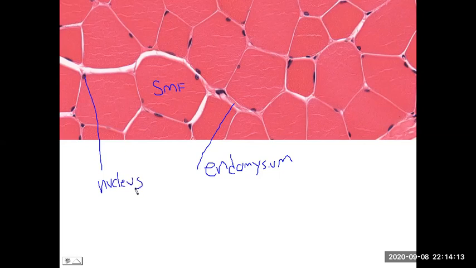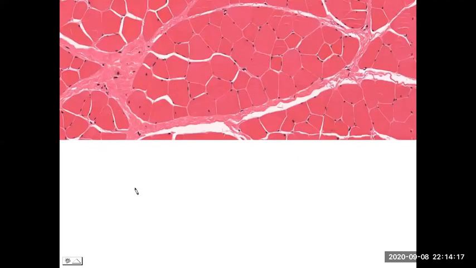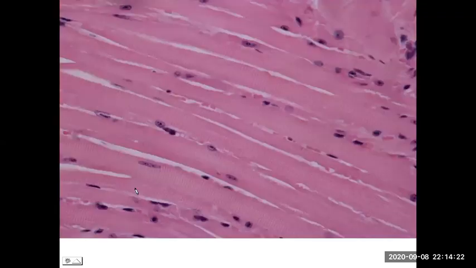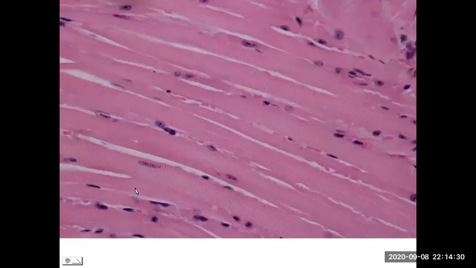So a cross section of skeletal muscle. We could zoom out on the cross section of skeletal muscle, and the longitudinal section of skeletal muscle, and we had two different staining treatments for longitudinal sections.